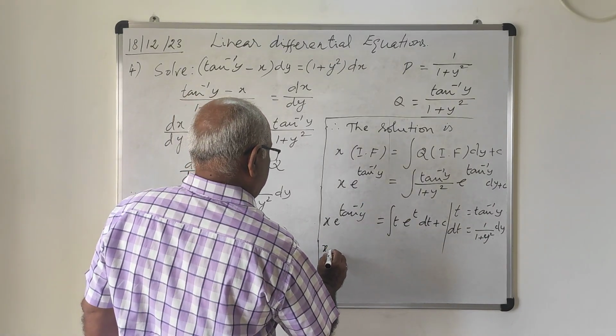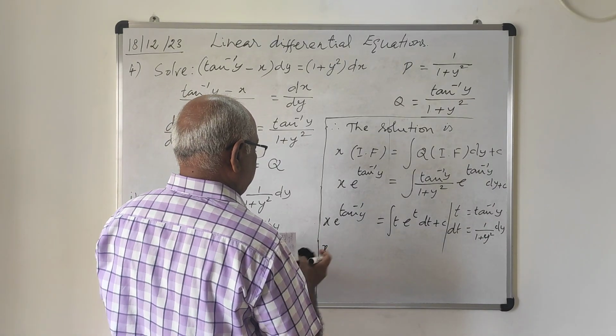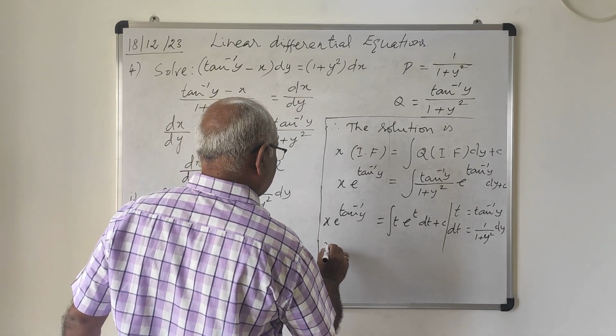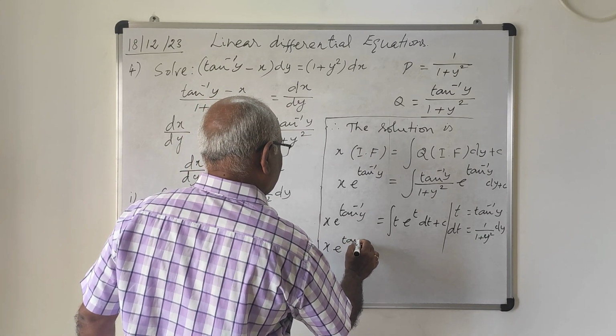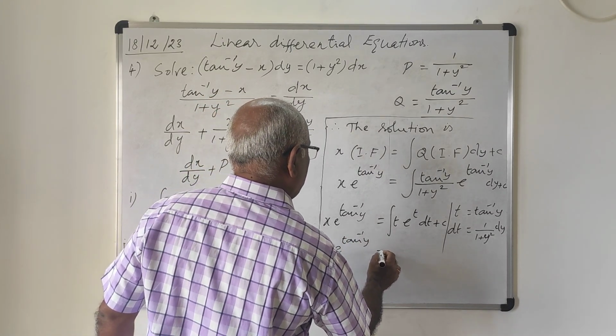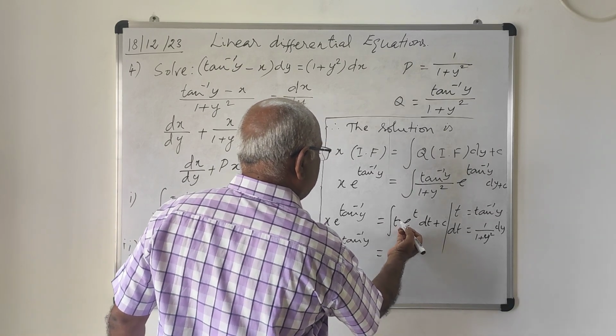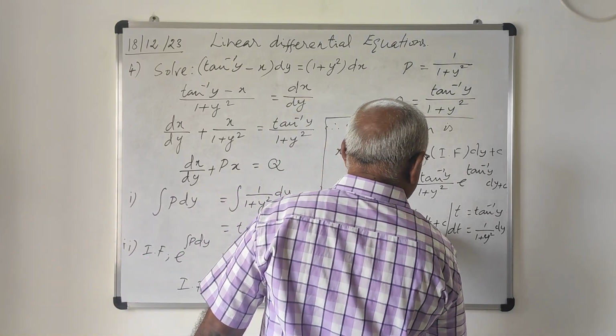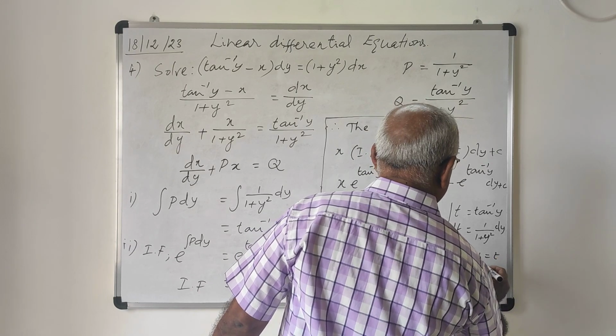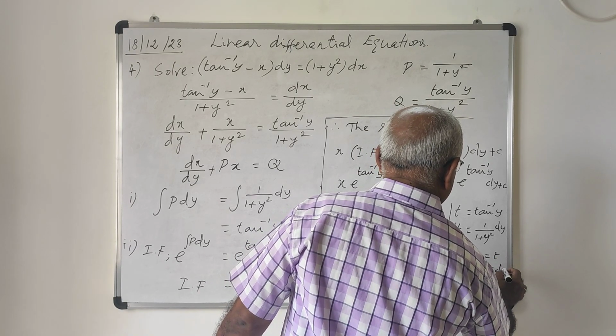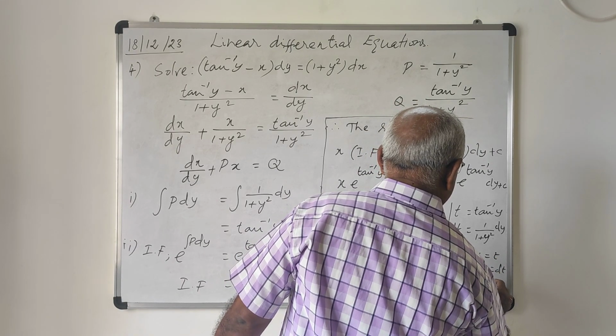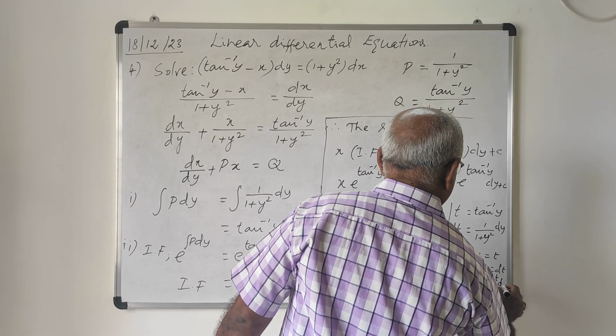Now x into e power tan inverse y equals integral t e power t dt. You consider u is t, du is dt, and dv is e power t dt.